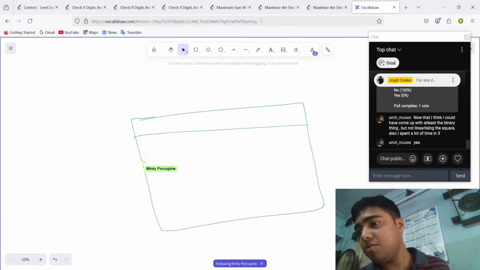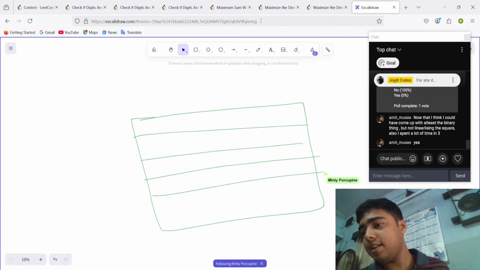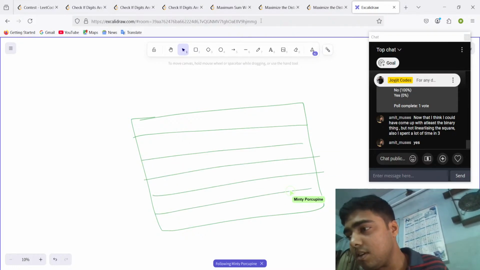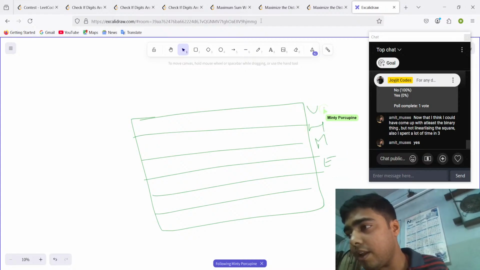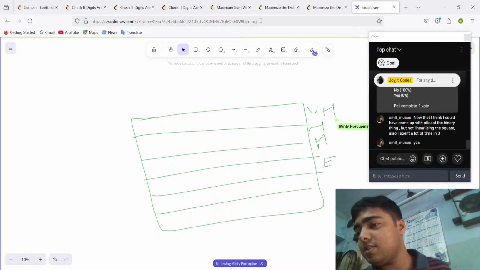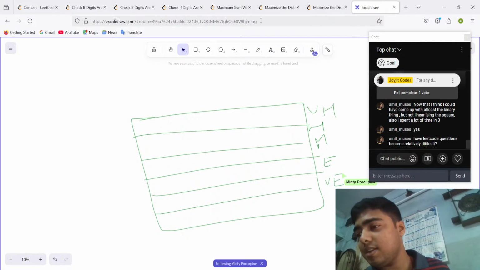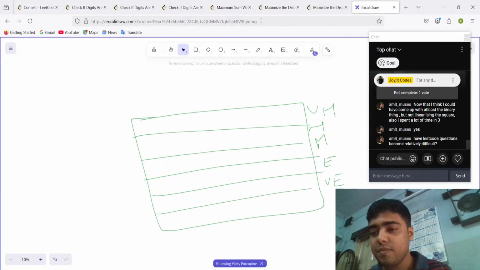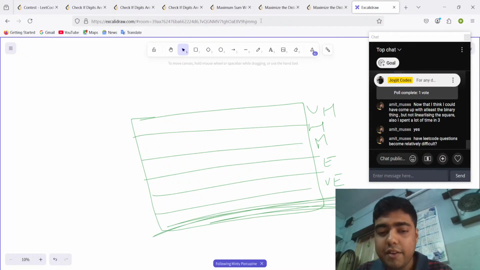So it's time to rate the problems. Easy, medium, hard, very hard, very easy. The questions have become relatively difficult.